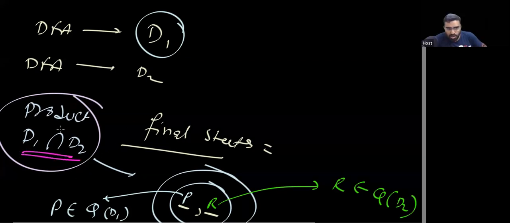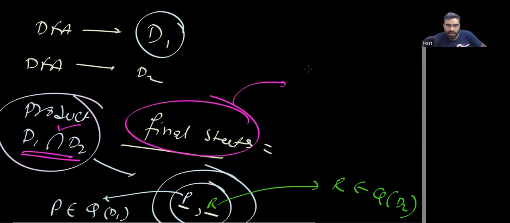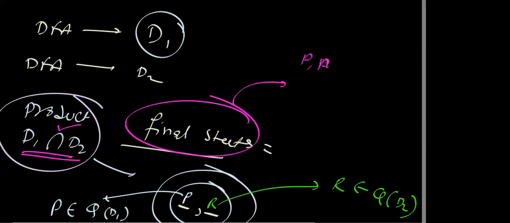Because you are creating for intersection, this PR will be final if and only if P is final in D1 and R is final in D2. So let's assume in D1 I have P final, in D2 you have R, S are final.